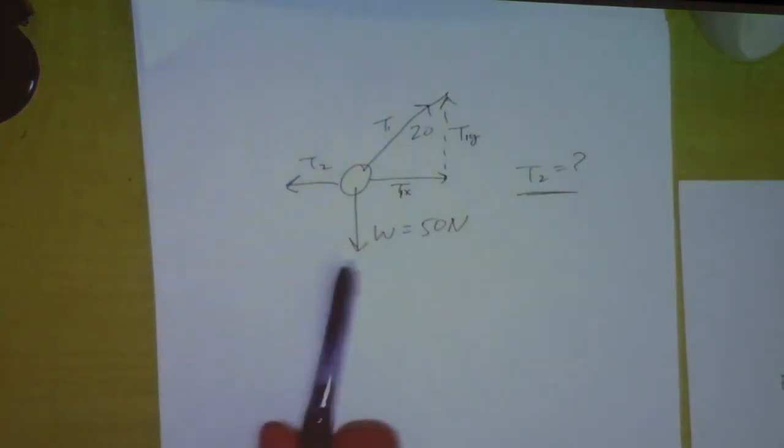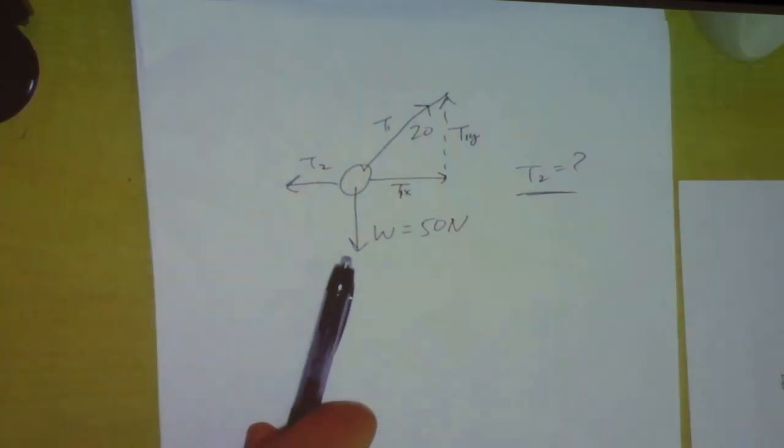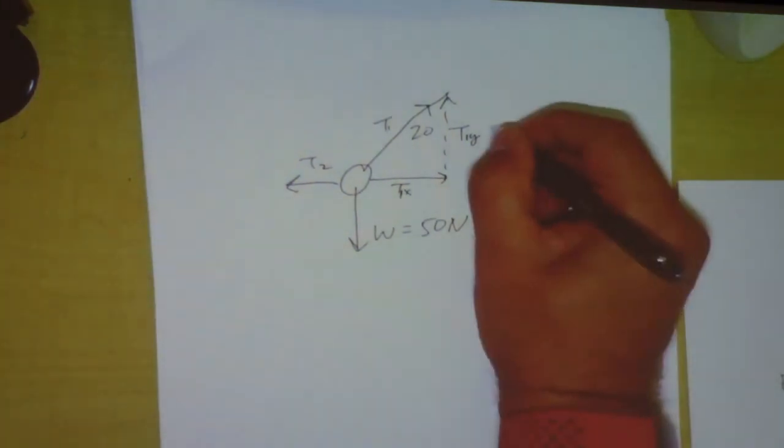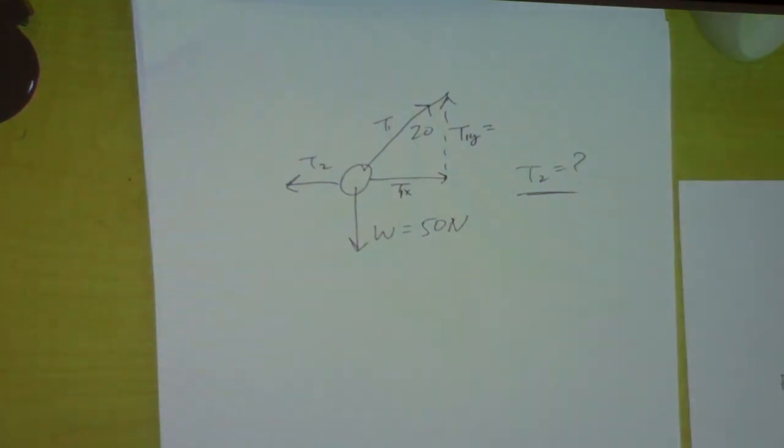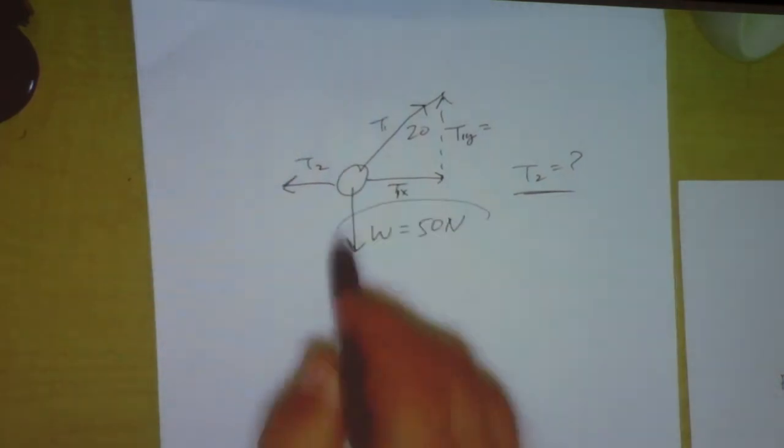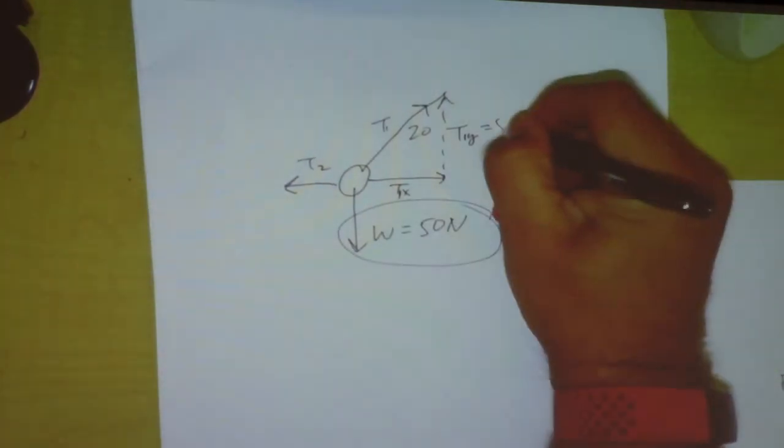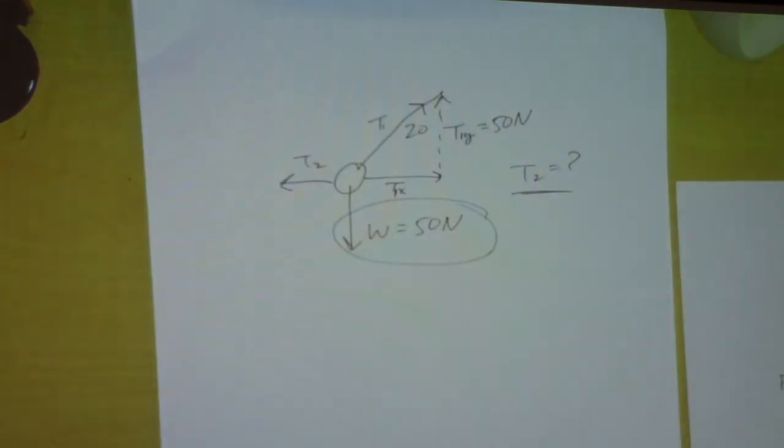From this picture, you already know how much T1y is. Whatever forces are down have to be equal to whatever forces are up. So if you've got 50 newtons down, you also have to have 50 newtons up, because all the forces are balanced on this ball.